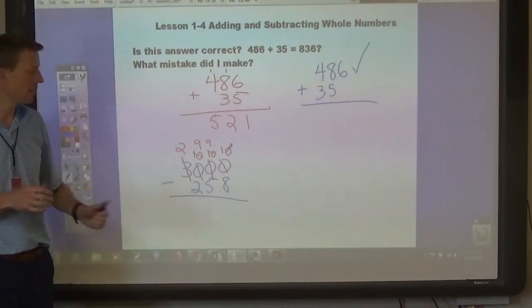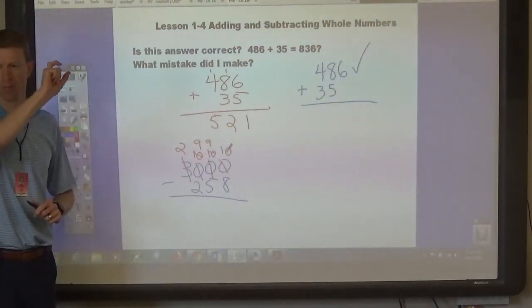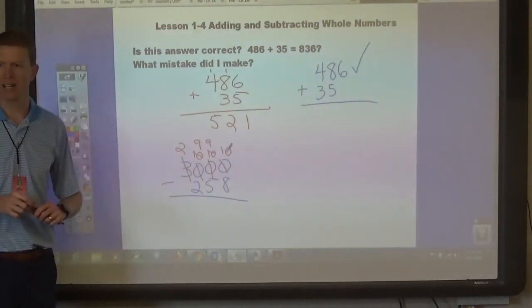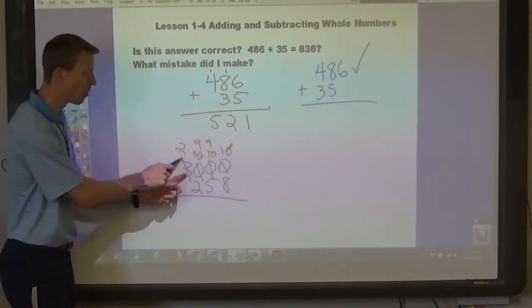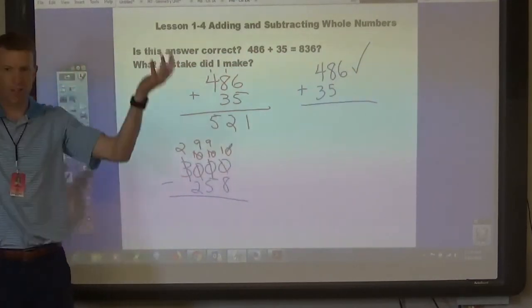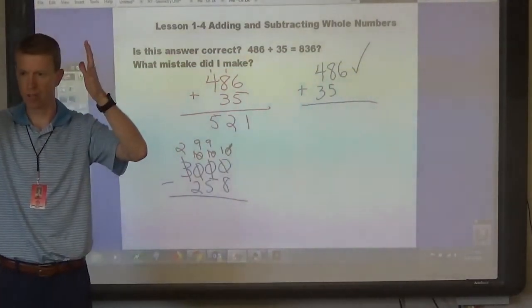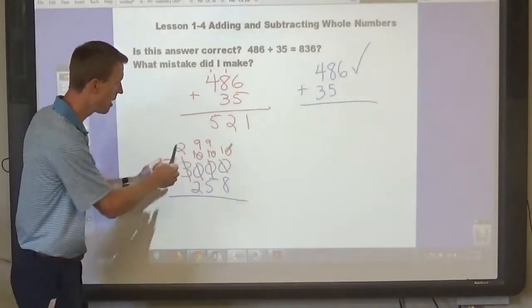Back when you were learning this for the first time, you probably read the directions: subtraction with renaming or regrouping. All that means is we took one of the thousands, and we moved it to the other places.